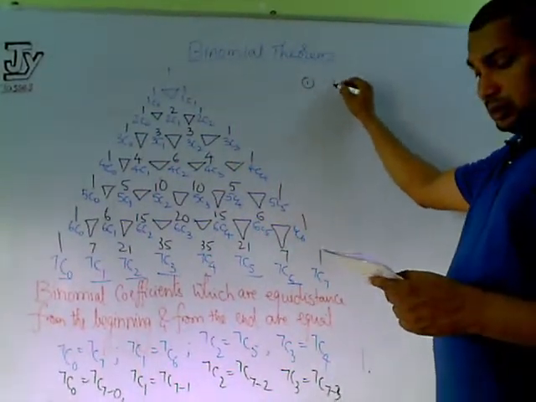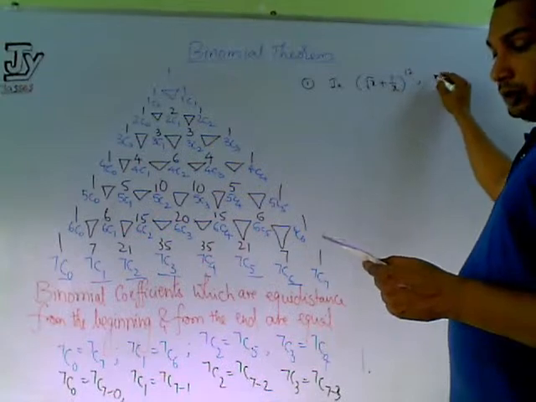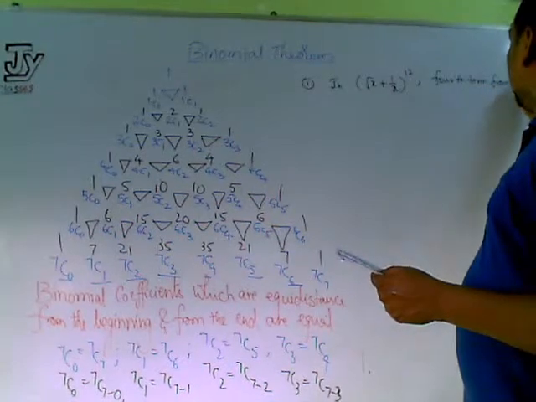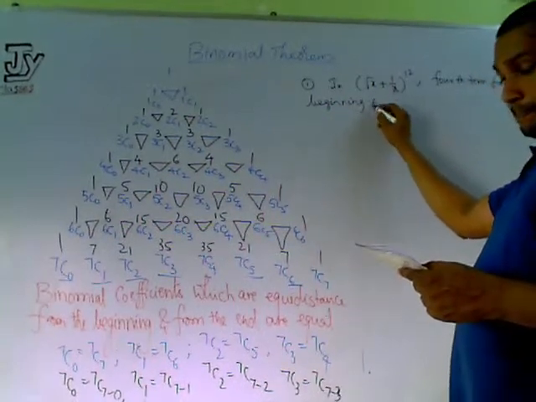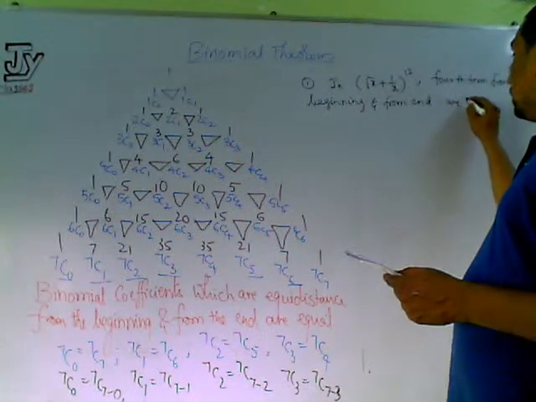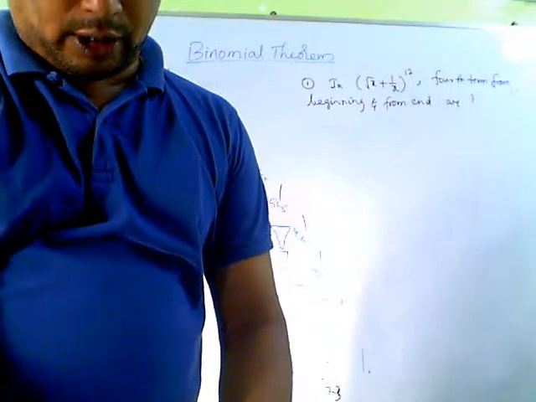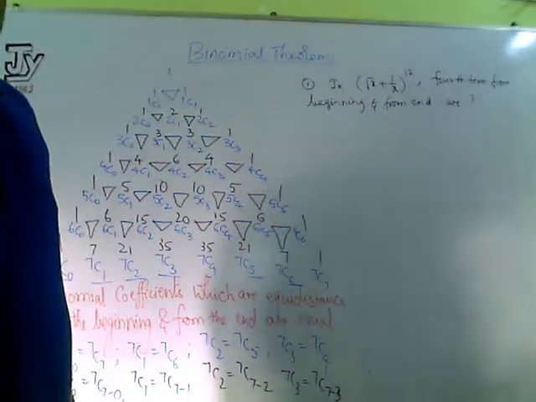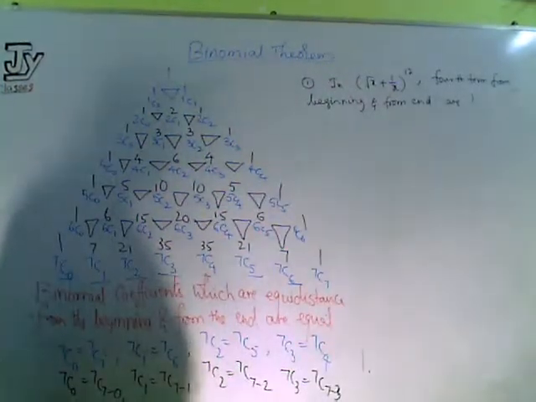The first question: in (root x plus 1 by x) whole to the power of 12, the fourth term from beginning and the fourth term from end, what are the terms in that expansion?